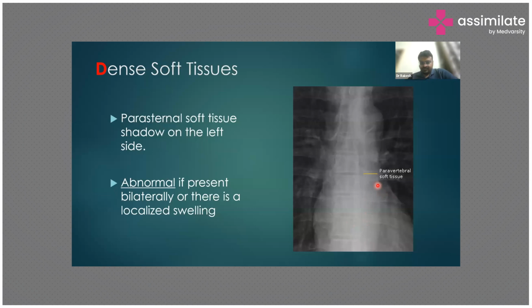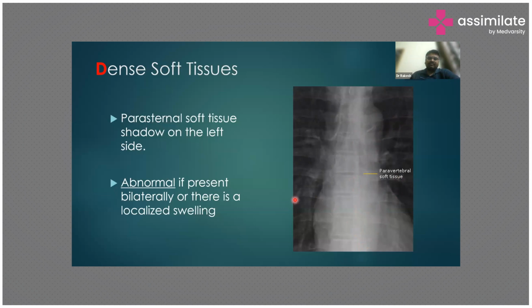I'm not sure if this line is very much visible. So this is your lateral border of your thoracic vertebra, and you can see this line there along the edge of the cursor where I'm scrolling it up. This is what you call your parasternal soft tissue shadow, which is formed because of the pleural folding on the left side of the lung.